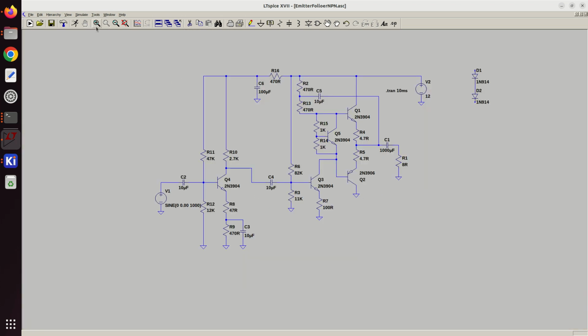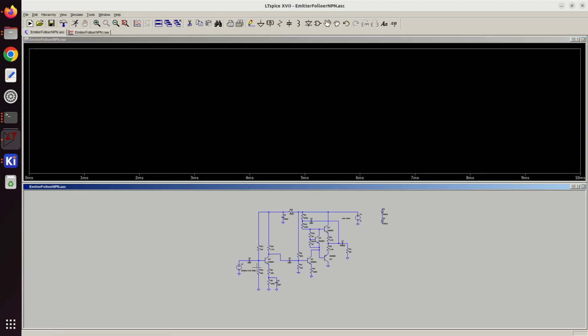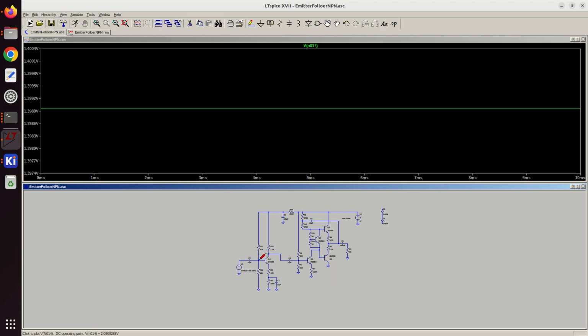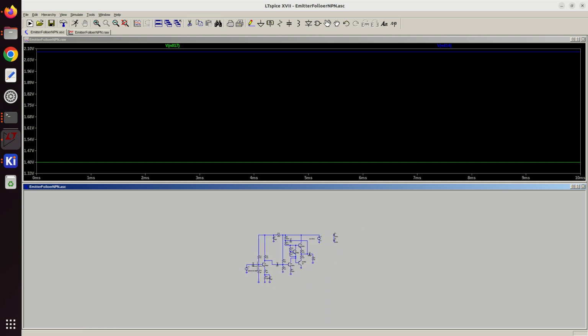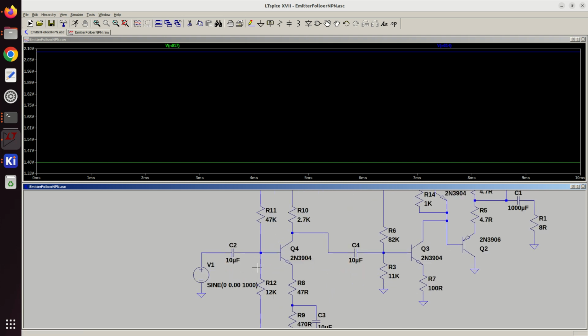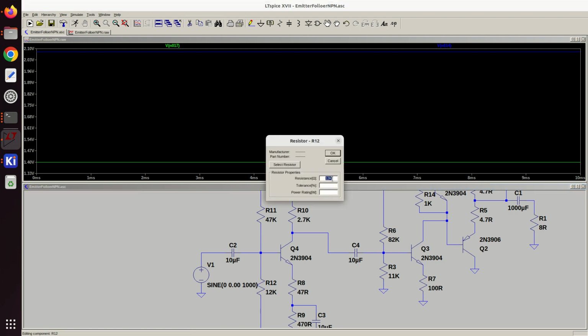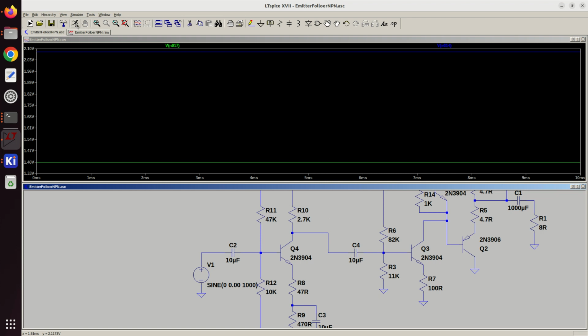So let's look at this again. So we have, let's measure here. So that's 1.39. Yeah, that seems a little bit too high. I think I might have had this right and I started messing with it, and 10k, so simulate again.